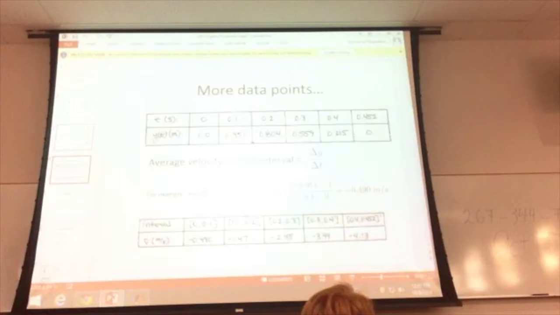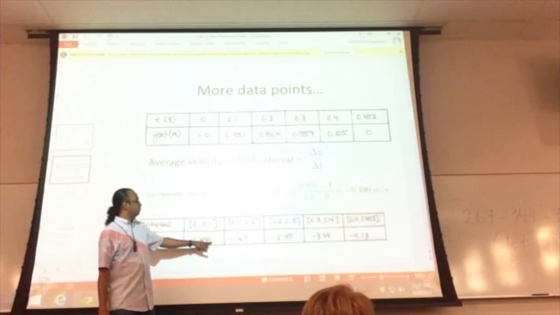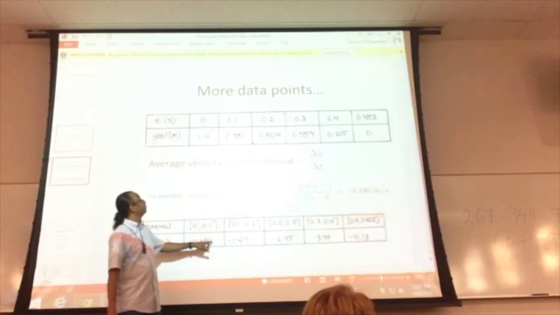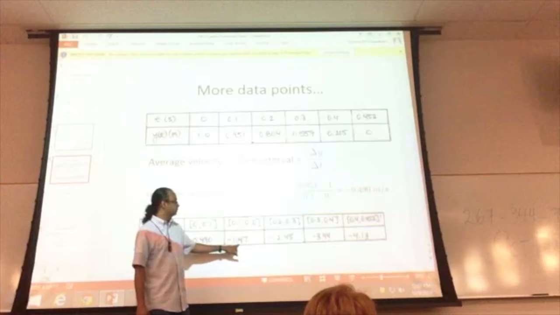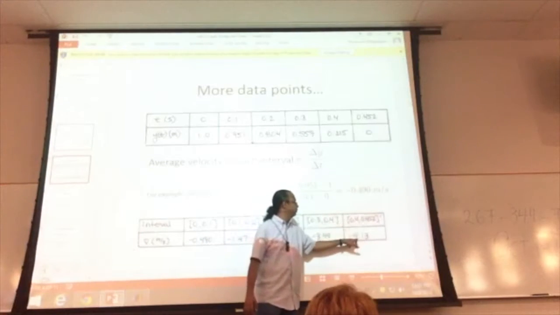Okay, so going by this data, you would say that the velocity between 0 and 0.1 is 0.490 meters per second. Between 0.1 and 0.2, it's 1.47, etc. So the velocity between 0.4 and 0.452 is 4.13.